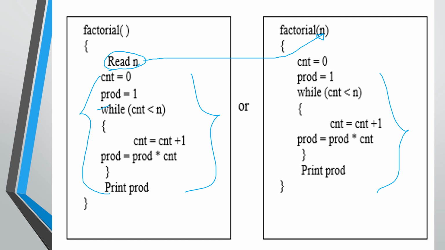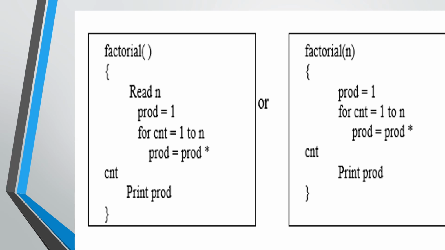Okay? Now, in this case, I make use of while loop. But you could also make use of for loop. Napansin niyo mas lesser yung kanyang number of instructions if we will make use of for loop instead of making use of while loop.